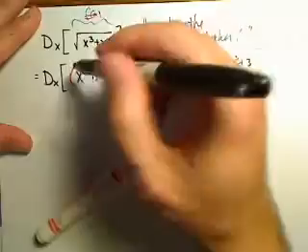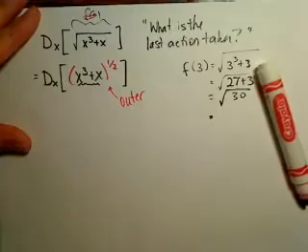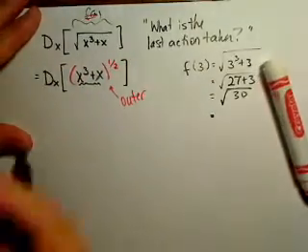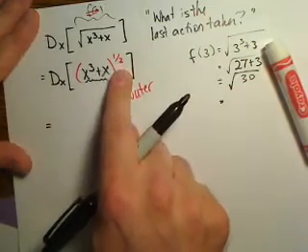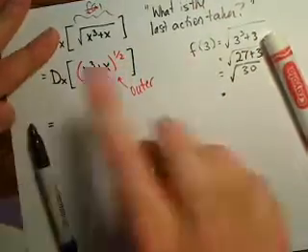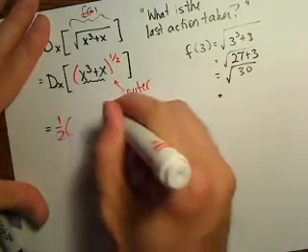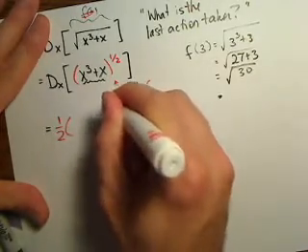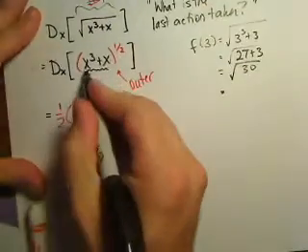And then the rest can be thought of as an inner function, which itself may be made out of an inner and an outer layer. That doesn't happen here. And so we're going to peel off that outer layer, that 1/2, and ask what that would do as a derivative. It would be 1/2 times whatever's on the inside to the negative 1/2. And then it's a matter of cutting and pasting.